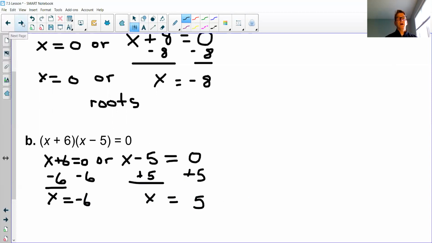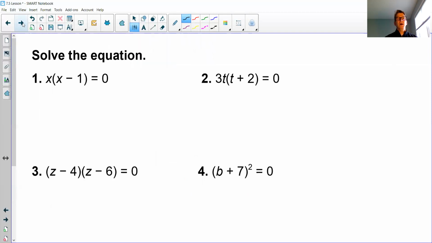Let's do a couple on your own here. Solve the equation. Basically we're trying to determine what the value of the variable is that makes the equation true. This first one's quite easy. If you have an x, and you multiply it times x minus 1, and that's equal to 0, that means that x is equal to 0, or x minus 1 is equal to 0.